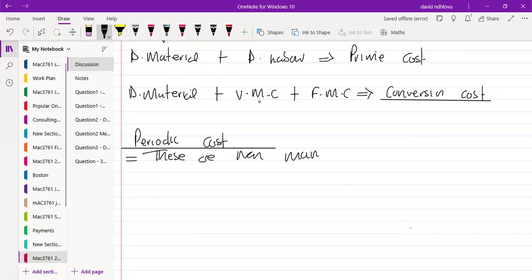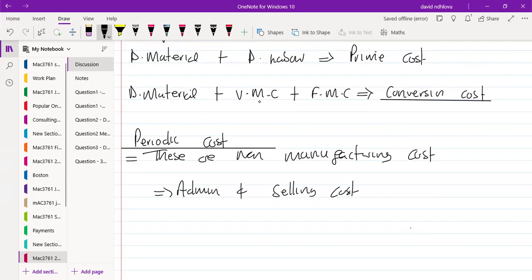So these are costs incurred outside the manufacturing division. Right. So normally we are talking about admin and selling costs. So this is what we call periodic cost by default.